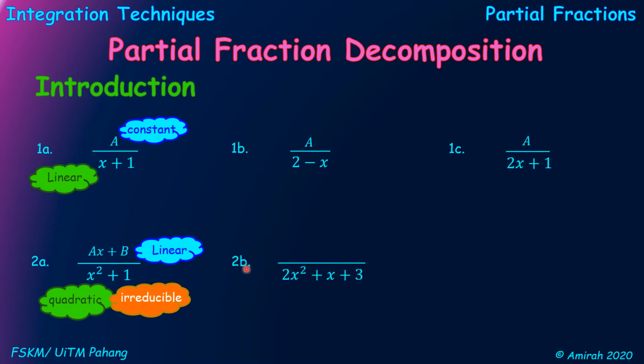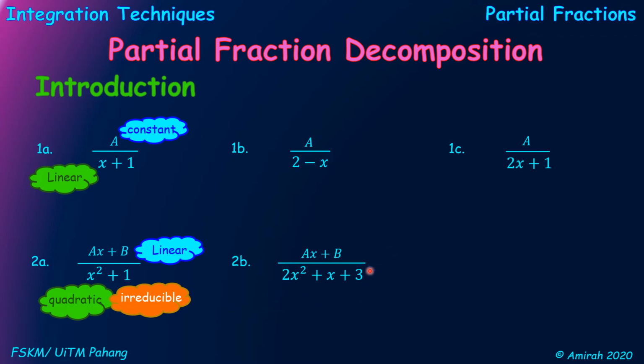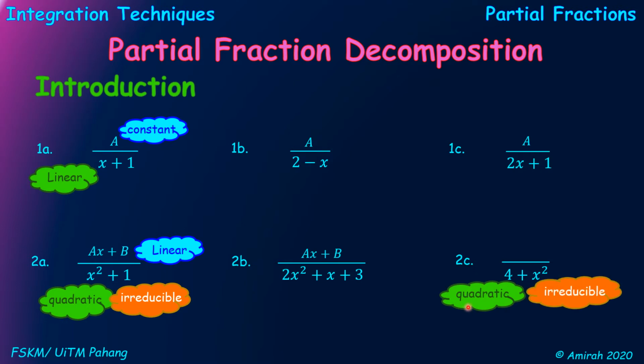And then we continue with 2b. We have fraction with denominator 2x squared plus x plus 3, which is quadratic function. And this is also irreducible quadratic function because it cannot factorize. So we can write numerator equals to Ax plus B, which is linear function. And then 2c, we have denominator with 4 plus x squared, which is quadratic function.